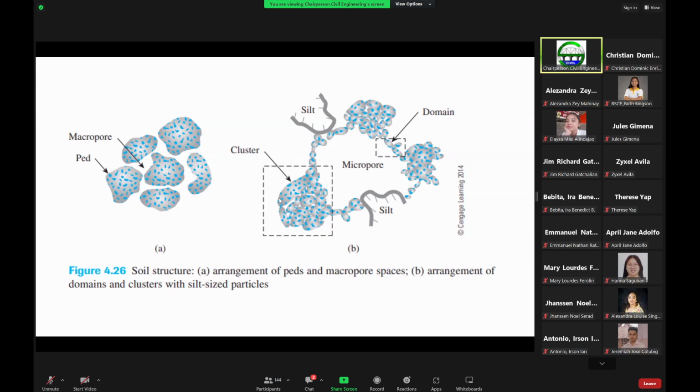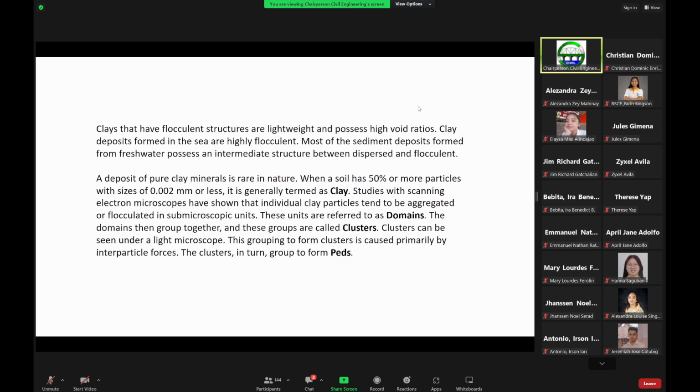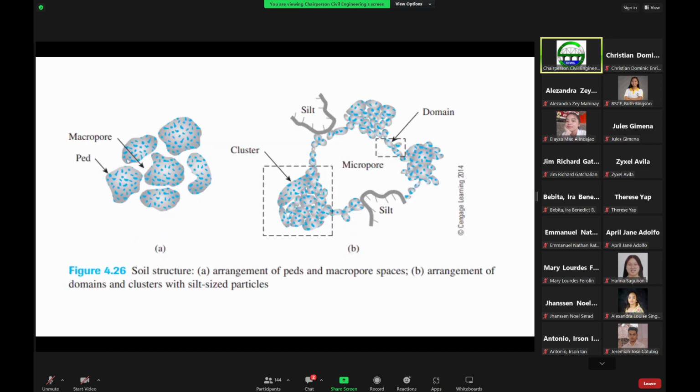You have here the domains, as well as the clusters. So these are domains, these are the clusters. The domains would group together to form clusters, and then clusters would group together to form peds. So you have here the domains, the clusters, and the peds. So this is the soil structure in the case of silt-sized particles.